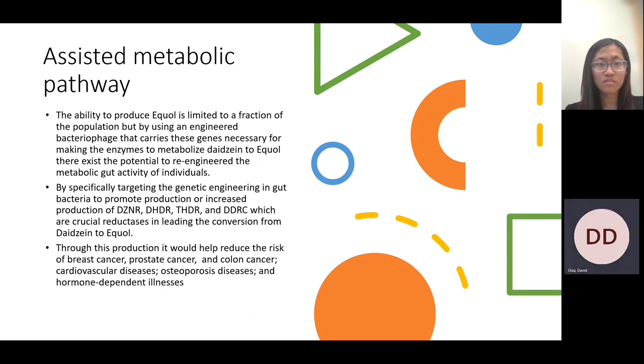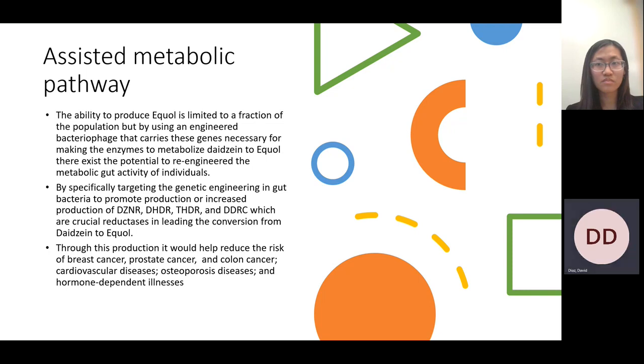The ability to produce equol is limited to a fraction of the population, but by using an engineered bacteriophage that carries the genes necessary for making the enzymes to metabolize daidzein to equol, there exists the potential to re-engineer the metabolic activity of individuals.